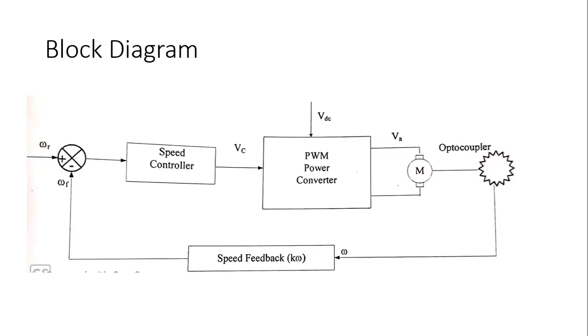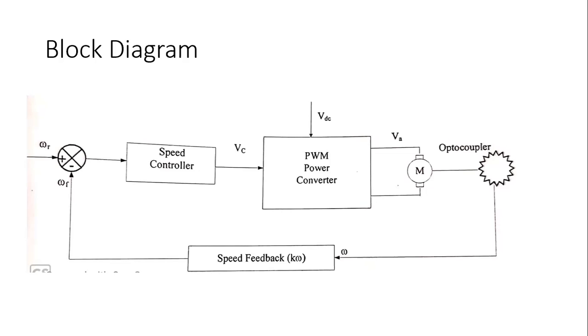Now the output of this controller is going to be a control voltage VC. And here this VDC signifies the fact that we are using a constant fixed value of DC voltage, which is then going to be fed into the PWM power converter. This PWM, that is the pulse width modulation drive, we basically know how it works.